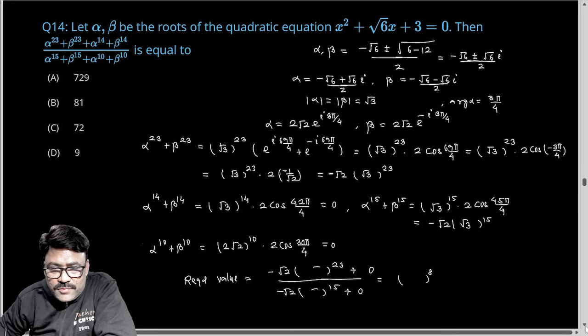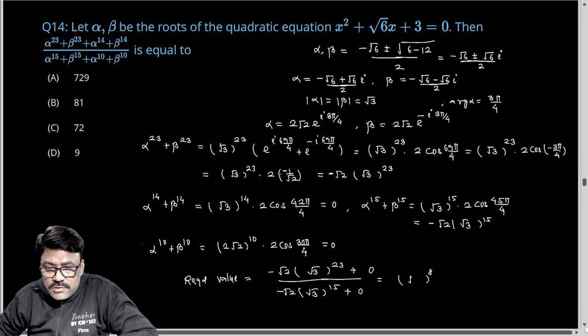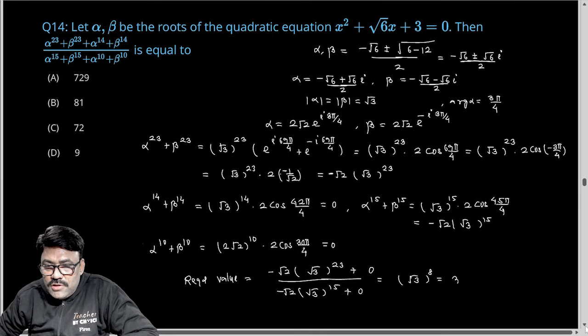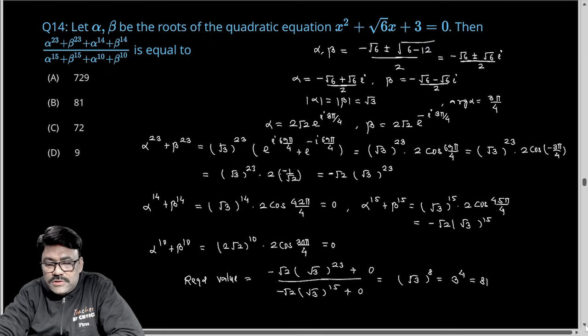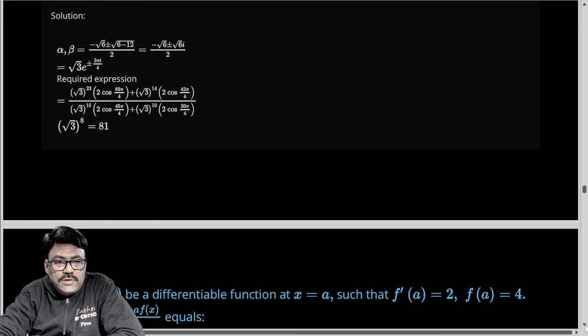Here also root 3, root 3. So now I'm getting what? I'm getting root 3 raised to 8. And root 3 raised to 8 is 3 raised to 4. So it should be 81. Means 81 should be the correct answer here. My bad, I made a lot of mistakes here.